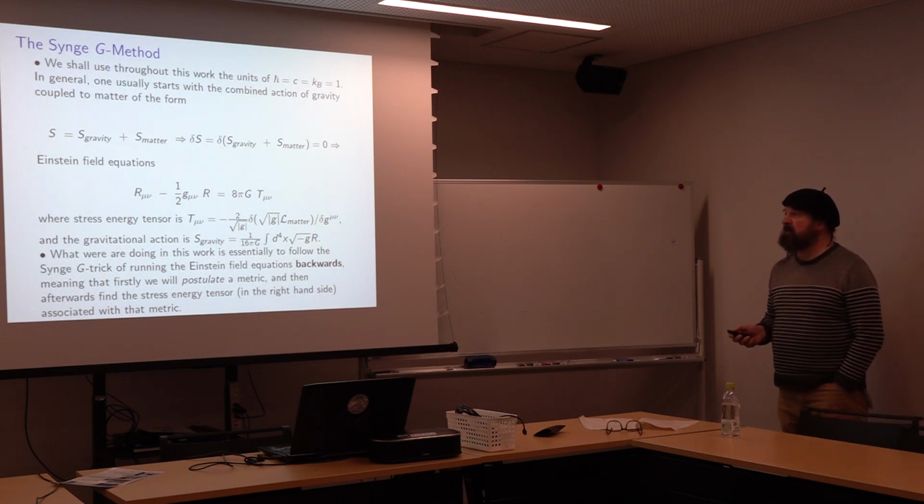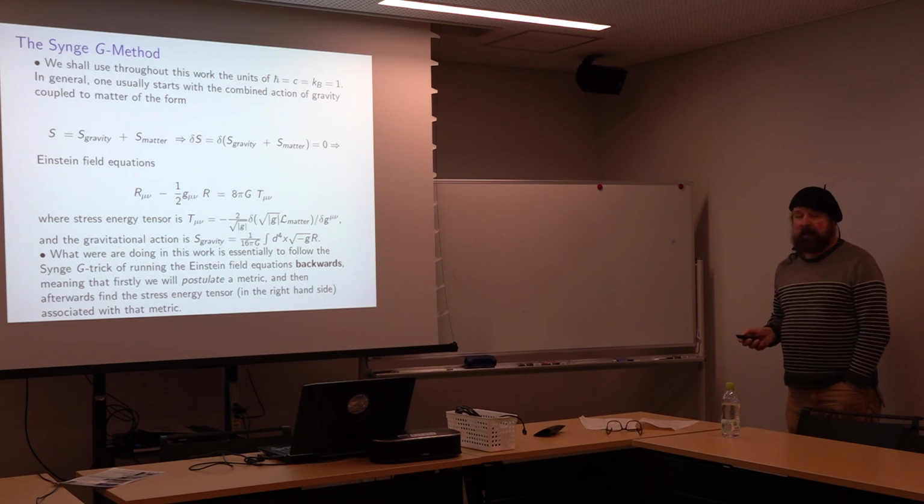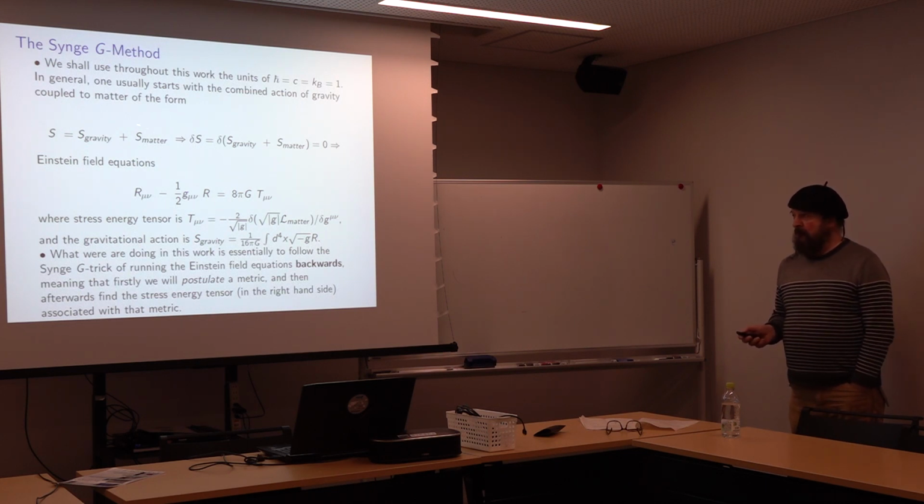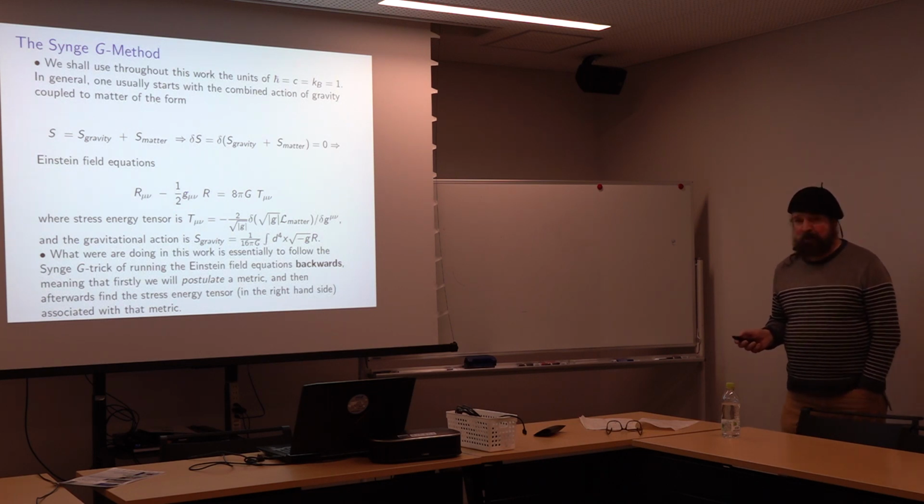When you study relativity, you usually start with an action that involves essentially 2 terms. One of them is the gravitational action that involves the curvature of space-time, and another is an action that involves the matter terms, or you can also include the electromagnetic field.